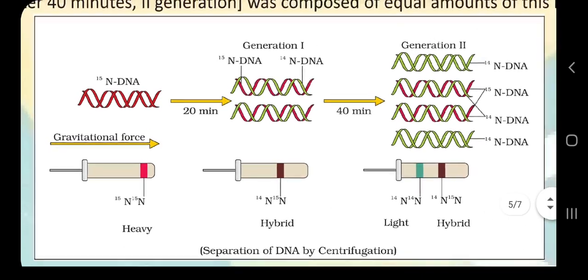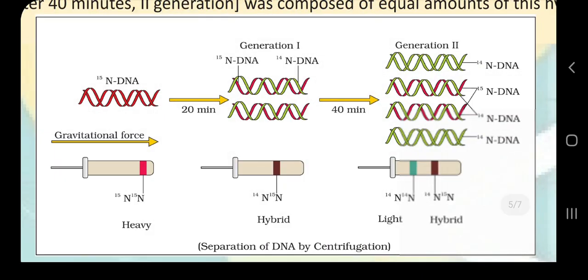And in the next generation, what will we have? Because semi-conservative means one green, one red will become the old one, then they will separate, and the new DNA will be synthesized, and this new DNA will be composed of 14N, because we are continuously providing the 14N NH4Cl.